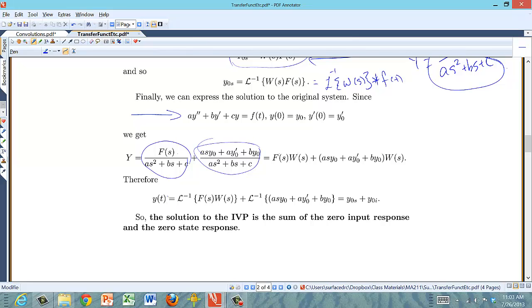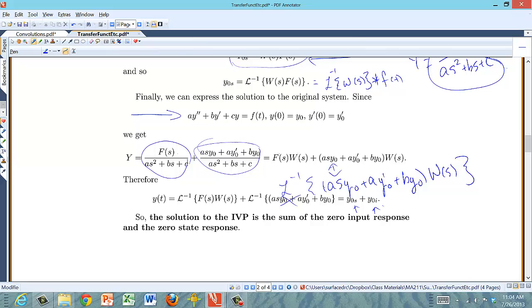So I can inverse Laplace transform and get the inverse Laplace transform of F times W. Oops, and I forgot some terms here. This is the inverse Laplace transform of A s y naught plus A y naught prime plus B y naught times W of s. Okay, and what is it? It's the zero state response plus the zero input response.